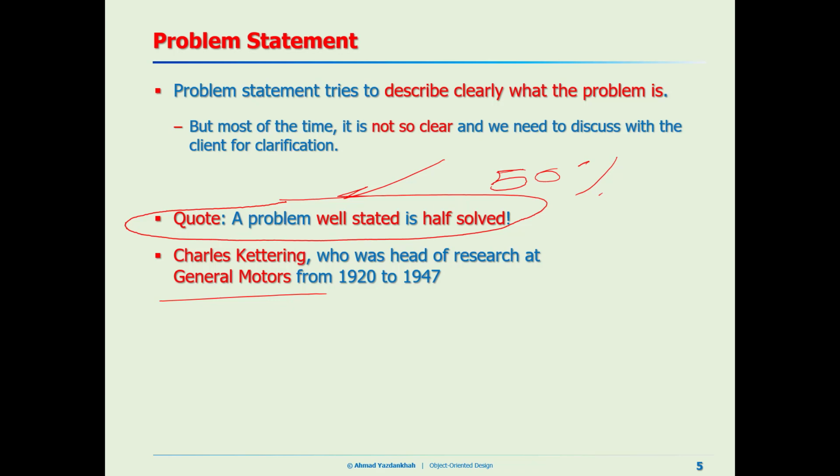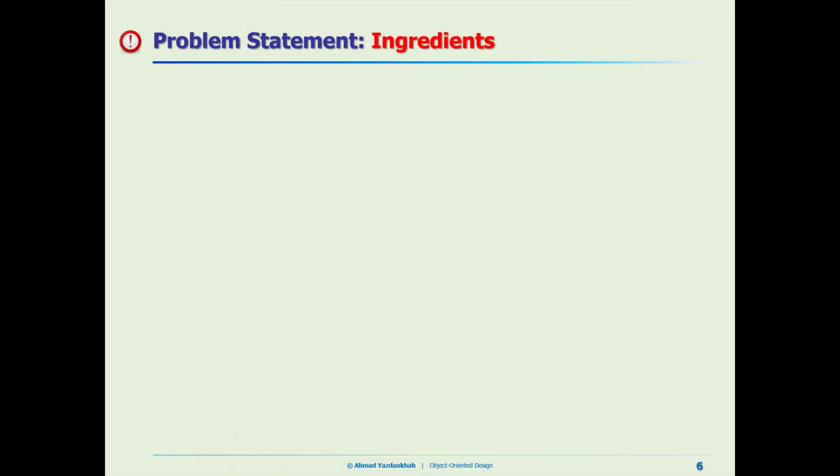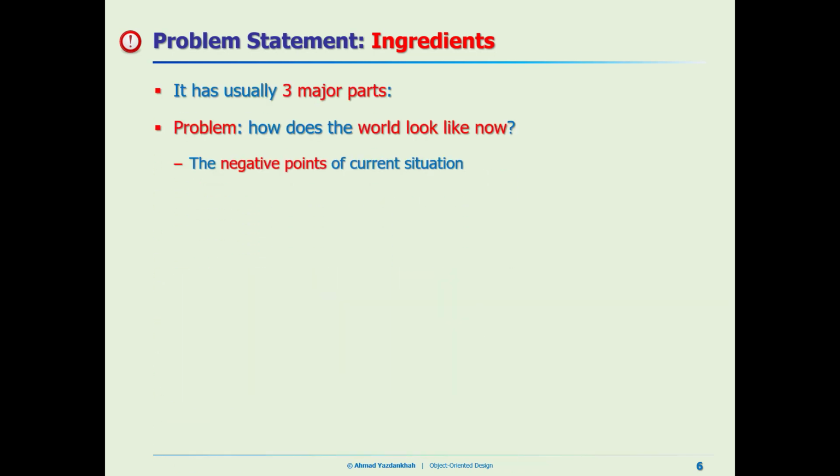Okay, now let's see what are the ingredients of this problem statement document. This document has three major parts. First, the problem. So three parts, right? The first one is the problem. So you need to explain how the world looks like when this problem exists.